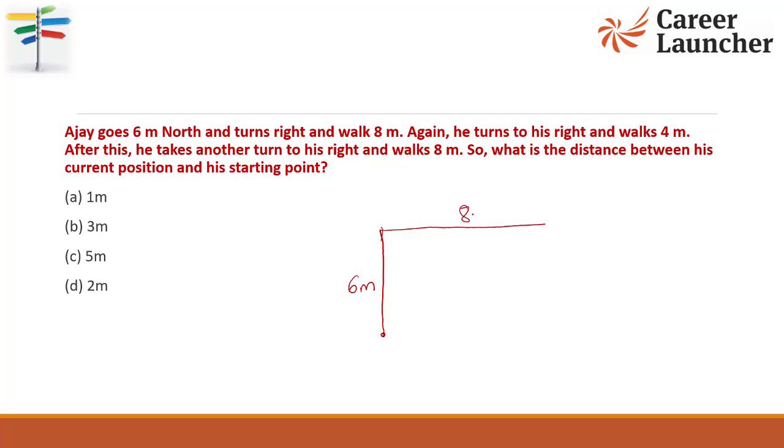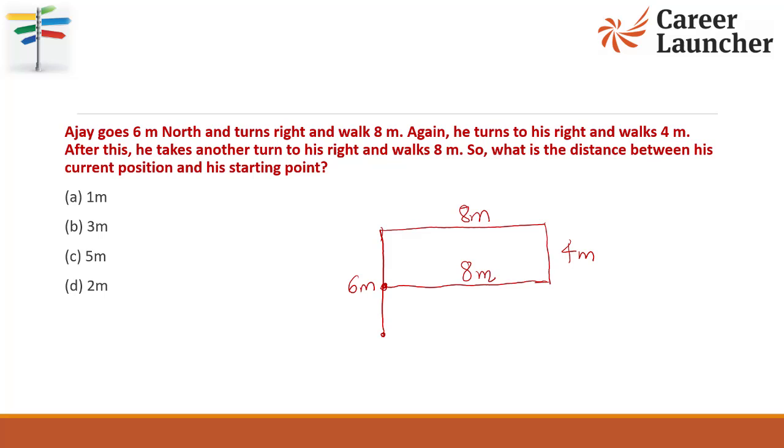He again takes a right turn. If you're walking east and you take a right turn, you'll come down. Walks 4. Now you're walking south and you take a right turn. So if you're moving south and you take a right turn, you will be moving in the west direction. So he again walks 8 meter.